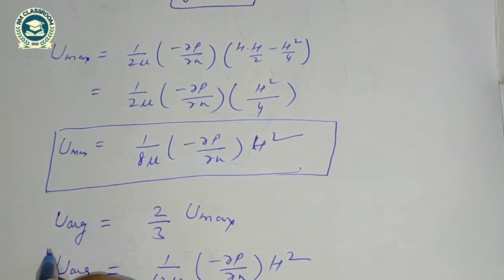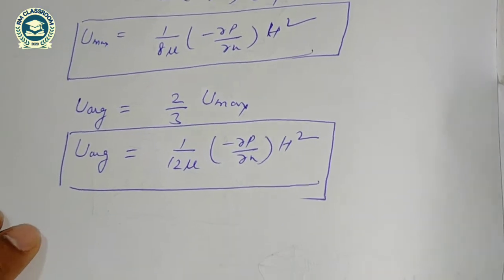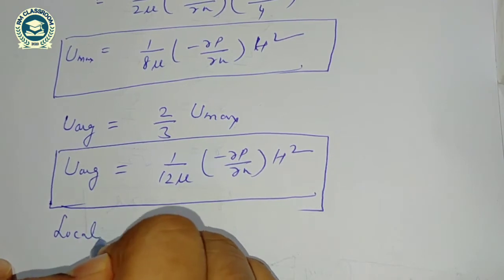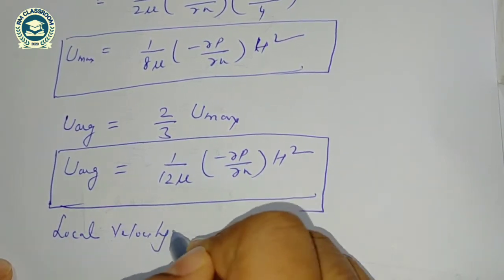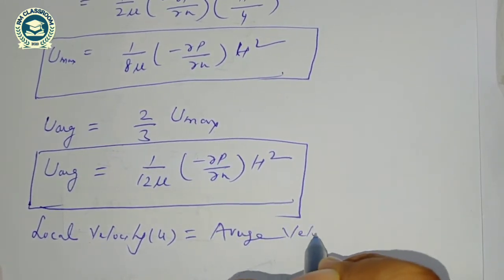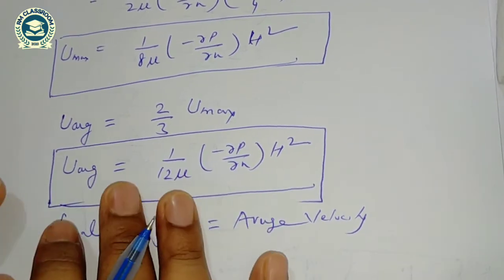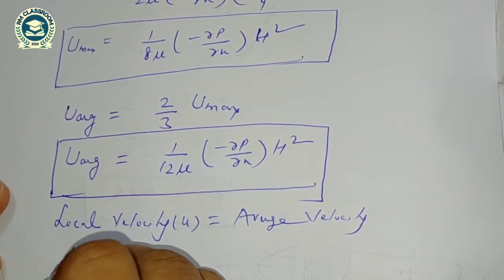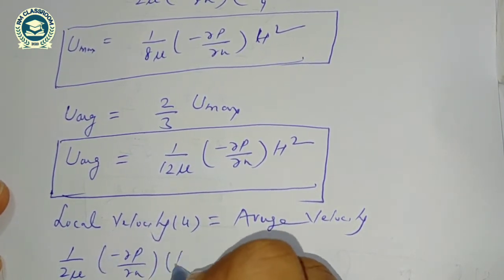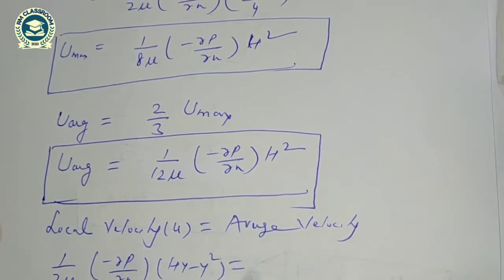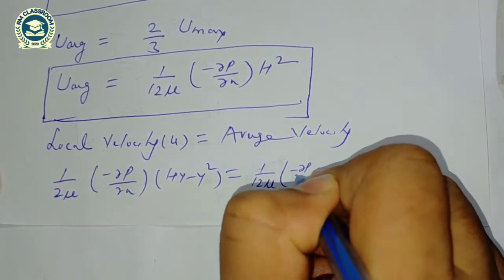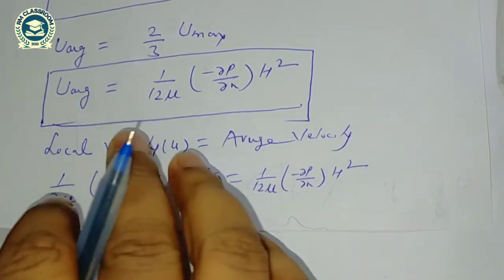So we have to compute a point where local velocity is equal to average velocity. So the expression of local velocity we have already written, 1 by 2 mu minus del p by del x into hy minus y square is equal to the expression of average velocity, 1 by 12 mu minus del p by del x into h square.